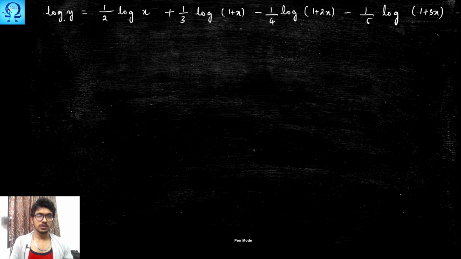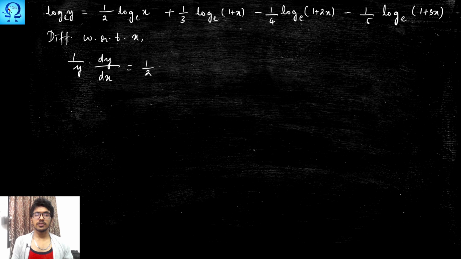Here also we will specify that. Now we will have to make use of the derivative formula and the chain rule. Okay, when you differentiate this one with respect to x, what would you get? Here when you apply the chain rule, you will have 1/y dy/dx, right? So this is a scalar, and when you differentiate log x, you would get 1/x, right?